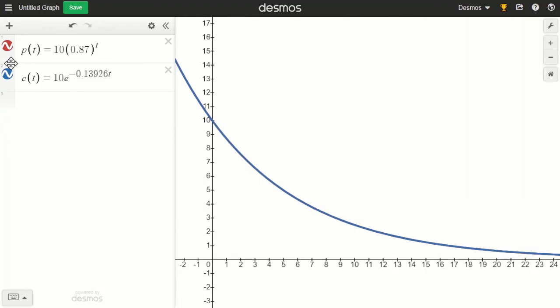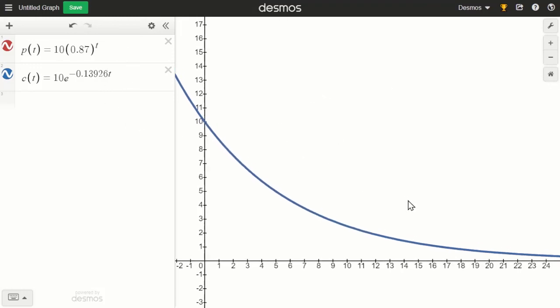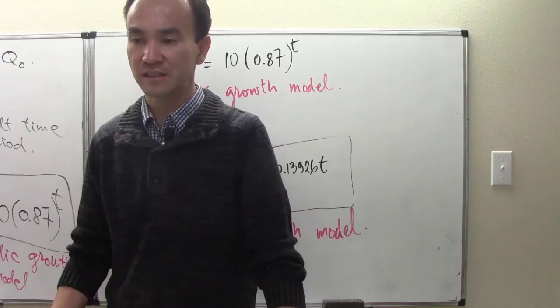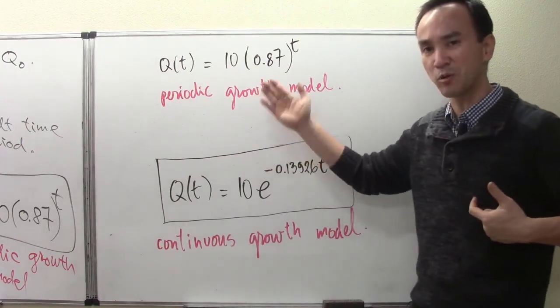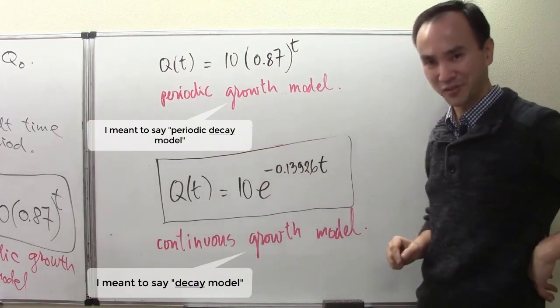Again, the graph in blue is here, and the graph in red is here. It's just a matter of blinking away the color, but it's really the same. The two graphs are identical, even though the functions are written differently. The two graphs coincide like that. It's indicating the fact that these are just two different expressions of the same model function.